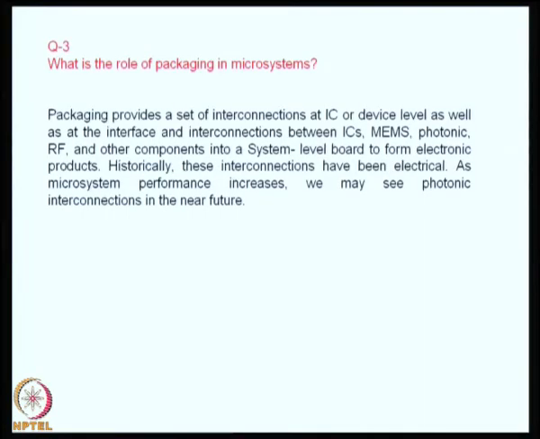What is the role of packaging in microsystems? Right. So, we have seen various set functions. Now, let us see what is the role of packaging. Without packaging, does microsystem mean anything? Packaging provides a set of interconnections at IC or device level as well as at the interface and interconnections between ICs, which is at the board level.